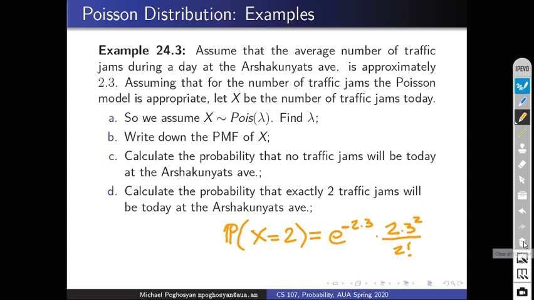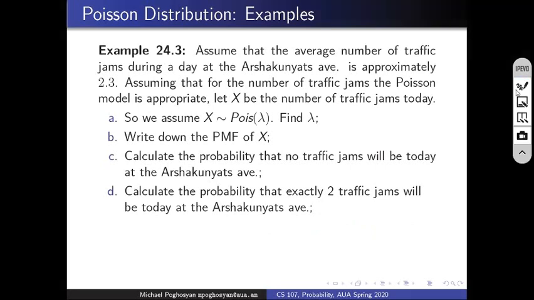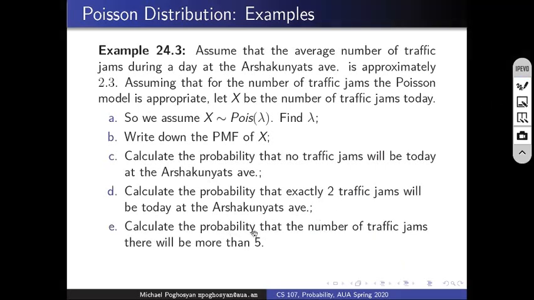And the next problem is to calculate the probability that the number of traffic jams will be more than 5. So if the average number is 2.3, the probability that we will have more than 5 traffic jams is not so probable. Let's calculate that.